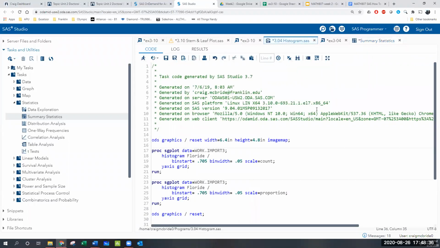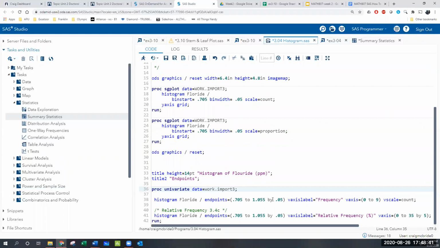That's where we get this 0.05 for the bin width, and that's why they said by 0.05 down here, because that's how wide we wanted each class to be, since we wanted 7 classes for our data. Now, if we wanted 10, then we would have divided 0.33 by 10 and got basically 0.03. It just depends on how many bins, how many classes, you want.